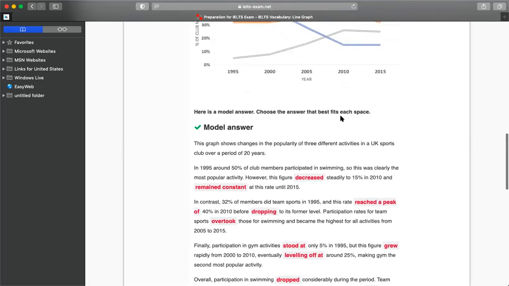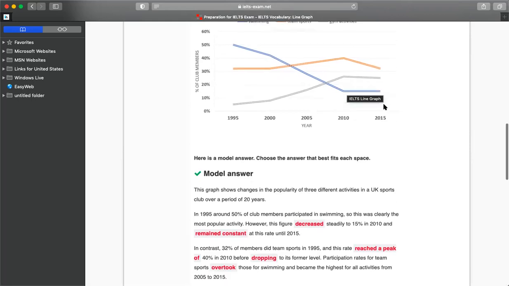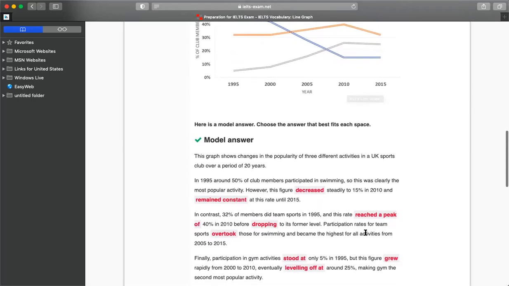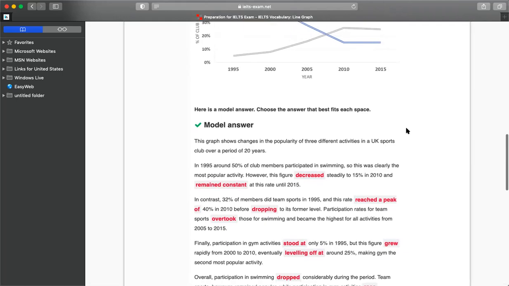Decreased, remain constant. In this case, the gray line from 2010 to 2015, you can use this expression. If it said reach the peak, we talked about that, and overtook, it means took the power, overtook those of the swimming, it means the rate was somewhat similar. Stood at, all these expressions and all these words are absolutely necessary to be used in IELTS test.